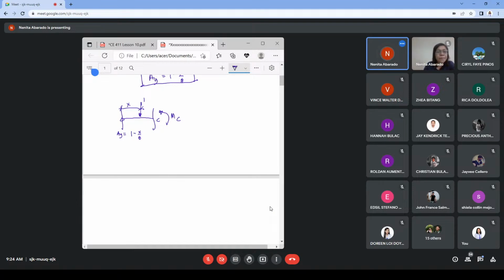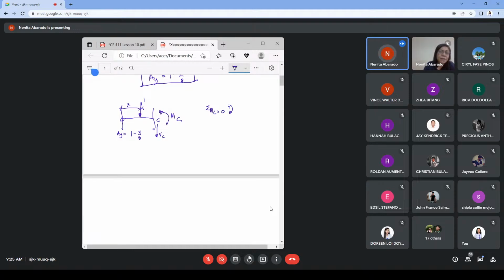Now, class, let us get the moment. Although na-apply diri ay shear, diba this is shear at C. Pero, ang concern natin karon is this moment. We are after of this. So therefore, looking at this free body diagram, getting the moment at point C, we have summation of moment at point C is equal to 0.